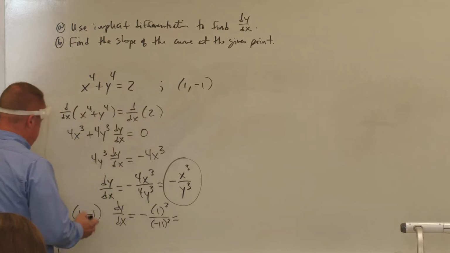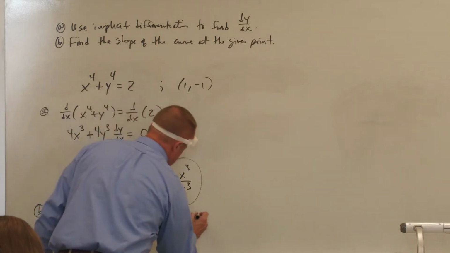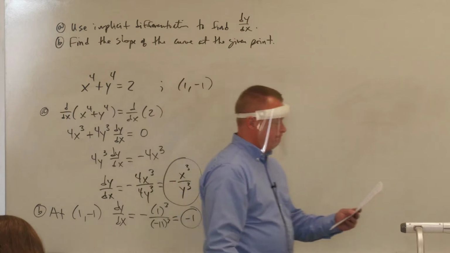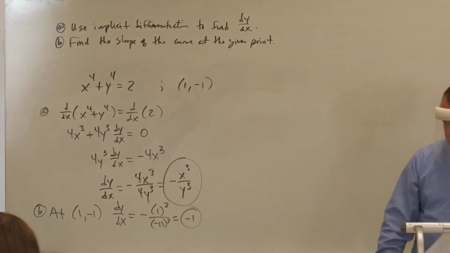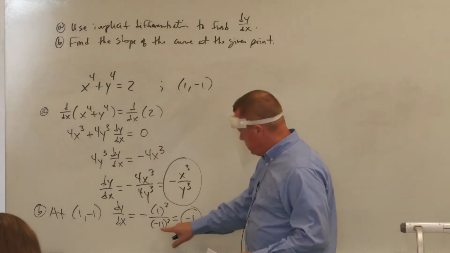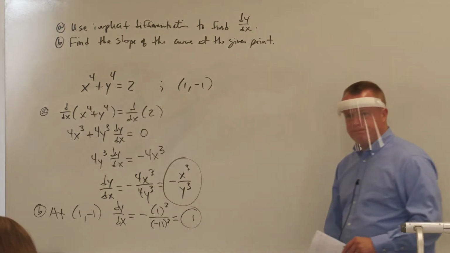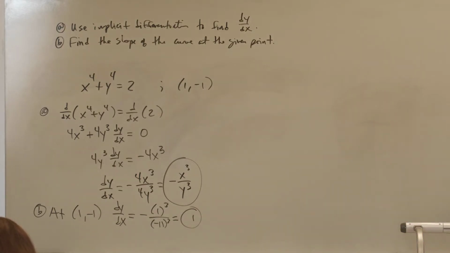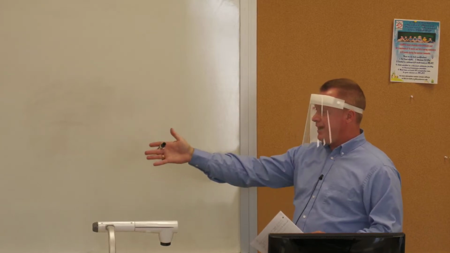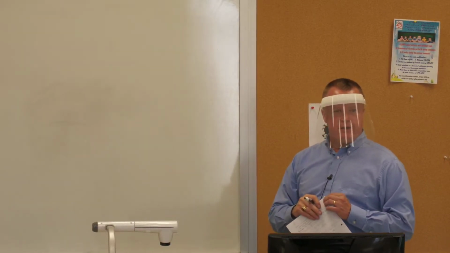So the slope of my tangent line at 1, negative 1 would be negative 1. Whoops. Positive 1, sorry. Positive 1. So if I were to take point slope form, plug in the point 1, negative 1, and the slope 1, I could figure out the equation of the tangent line of that graph at the point 1, negative 1. Questions about that?